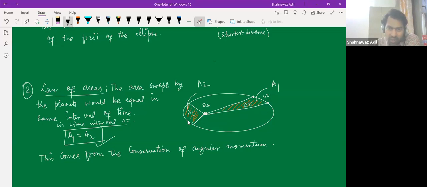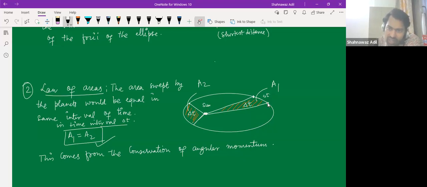In here, would the speed be faster or slower? Speed cannot be equal, right? If speed is equal, then it will cover different distances, so the area would be different.